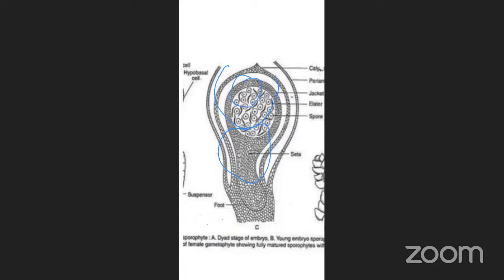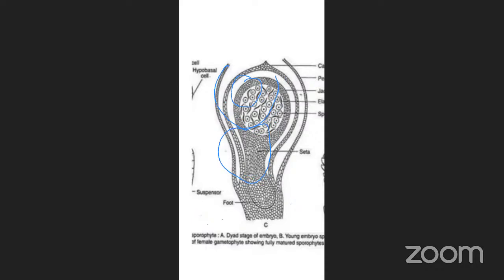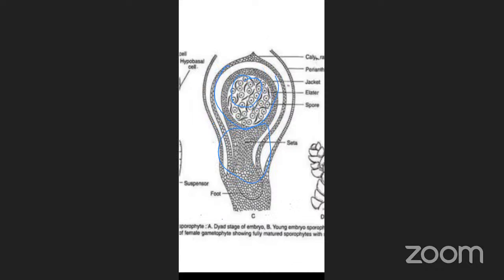This foot is an anchor-like structure embedded into the gametophyte to absorb nutrients, to fix, and to anchor, and it acts as a supporting organ of this sporophyte. And the long, slender seta is also there, made up of around 4 to 5 layers of multicellular stalk.